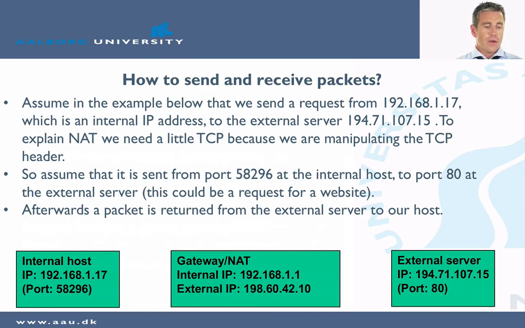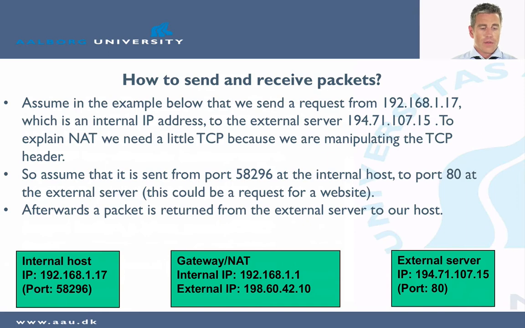So in TCP we are using port numbers for addressing. We assume that it is sent from port 58296 at the internal host to port number 80 at the external server. All we need to know about TCP now is really that we are using these port numbers and that TCP has port numbers in the header.